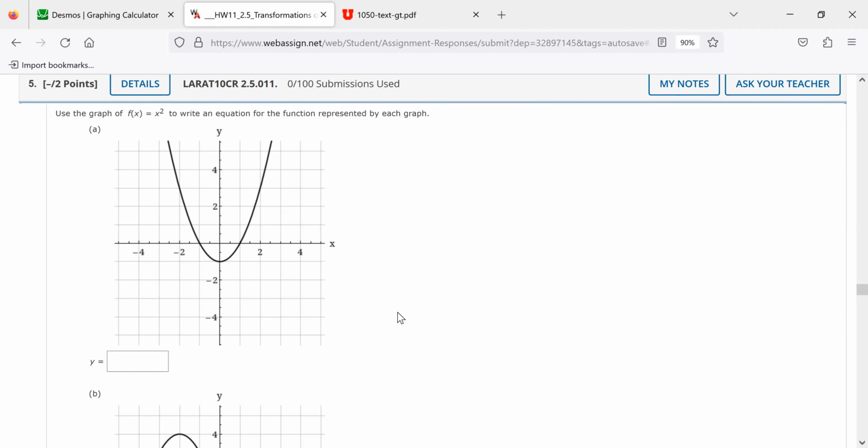All right. So here they want us to work backward. They're telling us that the parent function is x squared. So what is this transformed version of that function?